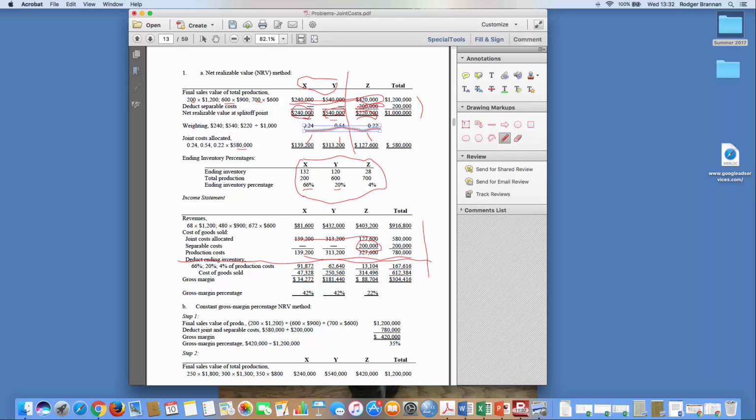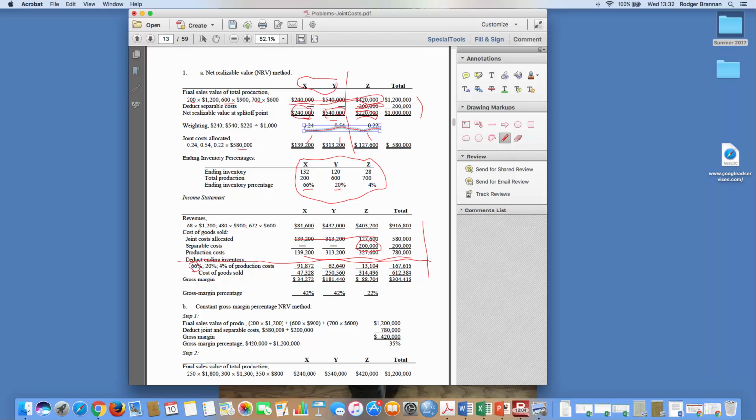So if I have 132 units in ending inventory, that's where we come back to 66%. All right, well, I take 66% times that, that's my cost of goods sold, okay? And again, 20% of my inventory is in ending inventory, 4% for Z. So the ending inventory values are 62,640, 13,104 for Z, and I come up with a cost of goods sold.